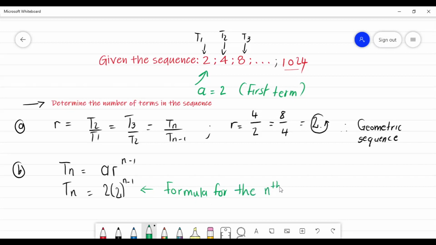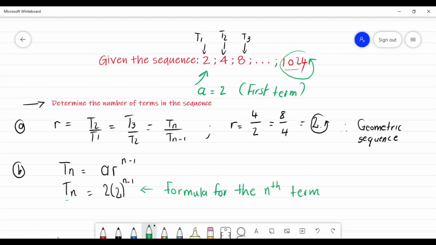Now we want to determine the number of terms in this sequence. We know that our sequence ends at 1024, so that is the value of our last term.